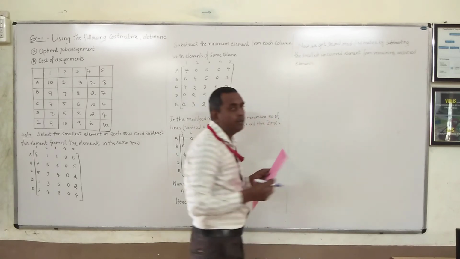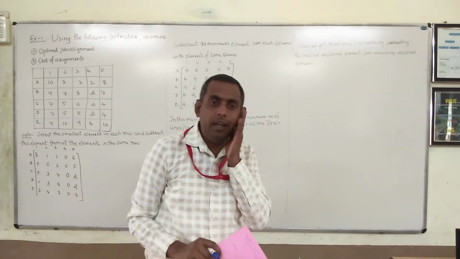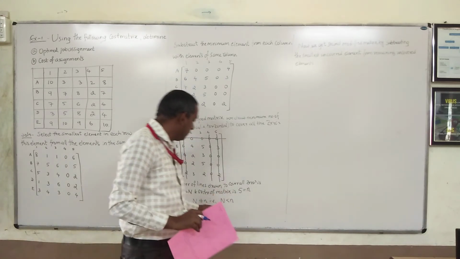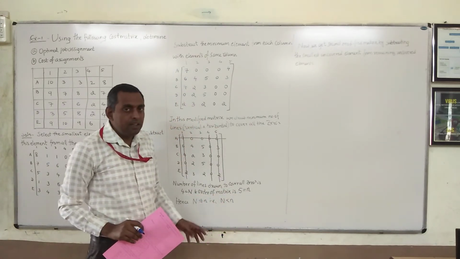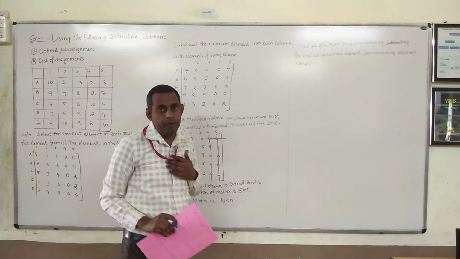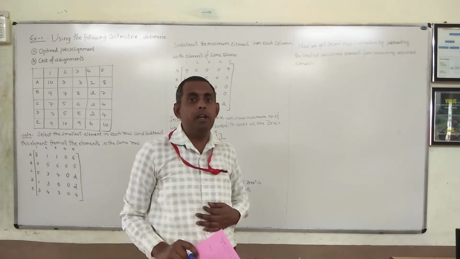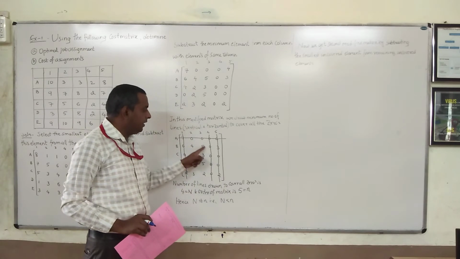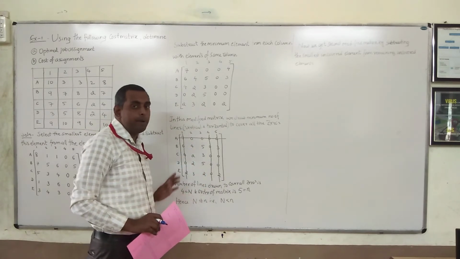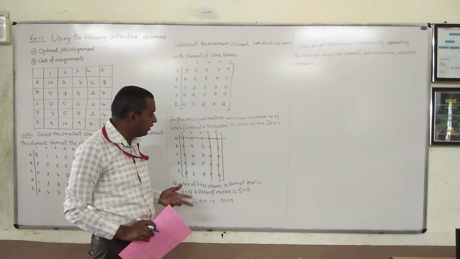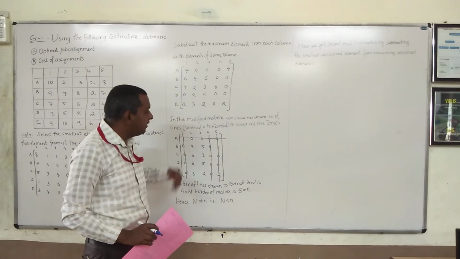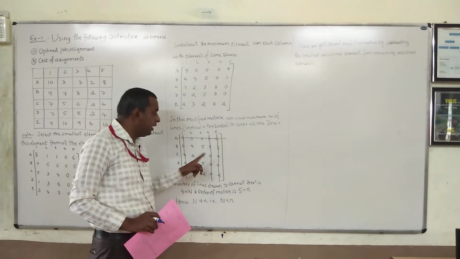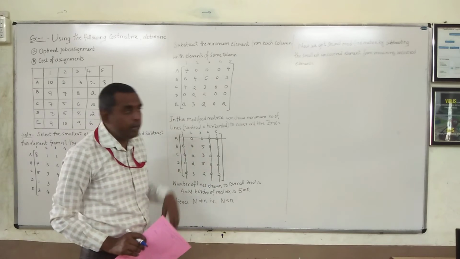Fine. So what to do? We have to get the second modified matrix. Once capital N is less than n, we have to go for the second modified matrix. So how to get the second modified matrix? Choose the smallest element which is uncovered by the lines, horizontal or vertical lines, and subtract that smallest element from the remaining uncovered elements.